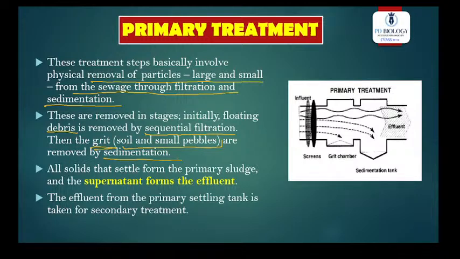All solids that settle form the primary sludge and the supernatant forms the effluent. The effluent from the primary settling tank is taken into secondary treatment. So the components which move from primary to secondary are the effluent. So that's the diagram to explain the primary treatment. As a short note, what is primary treatment?